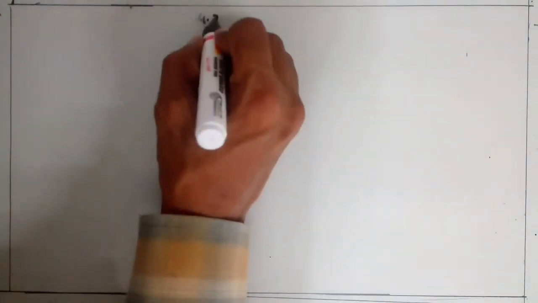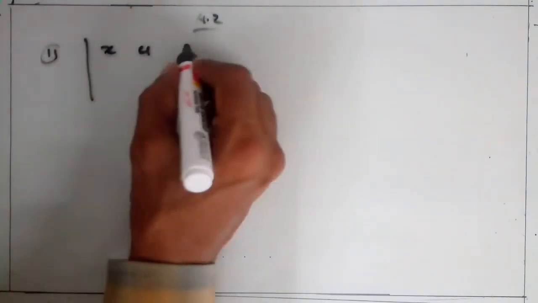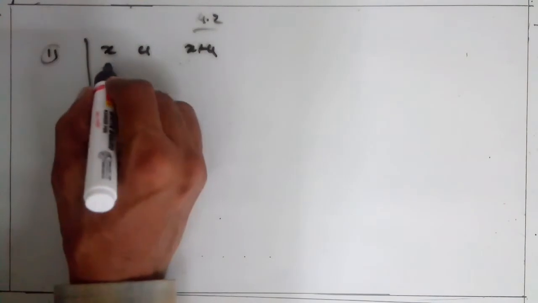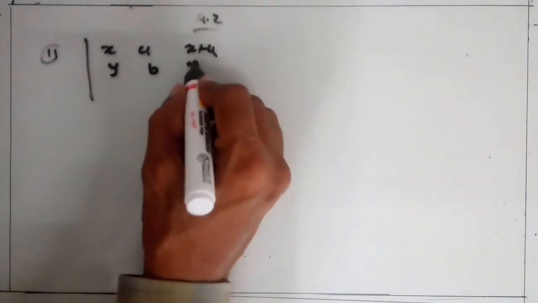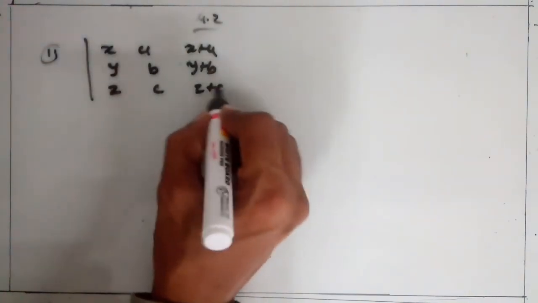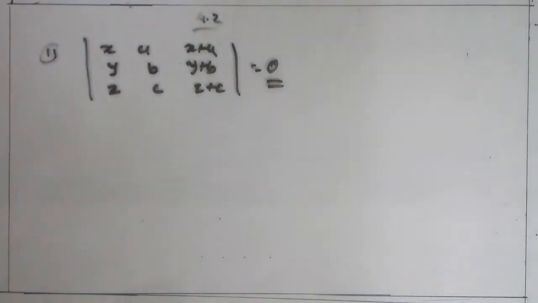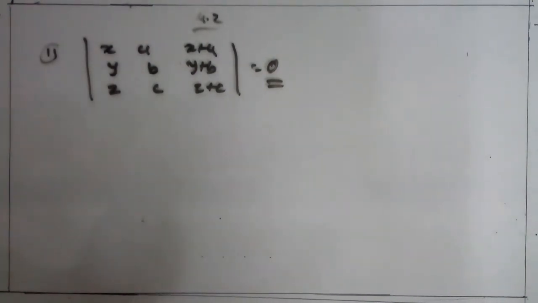Like in 4.2, first question: x plus a, y plus b, z plus c, with the other rows, is equal to, prove that 0. Think how we prove this is 0. We know a property. Remember this property: if in a determinant two rows or two columns are identical, then the value of the determinant becomes 0.